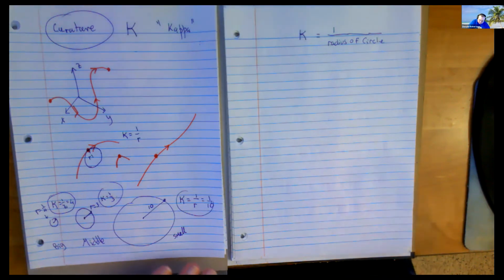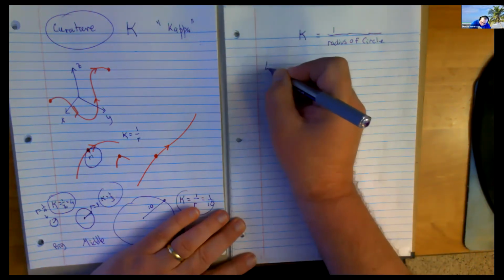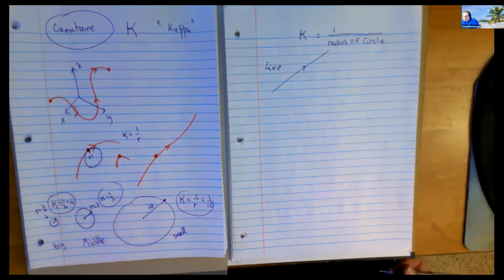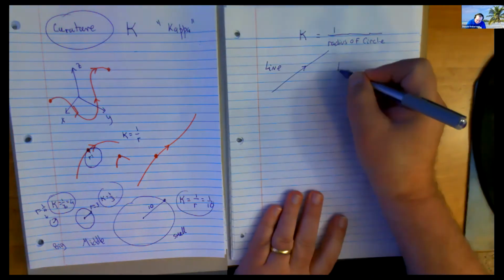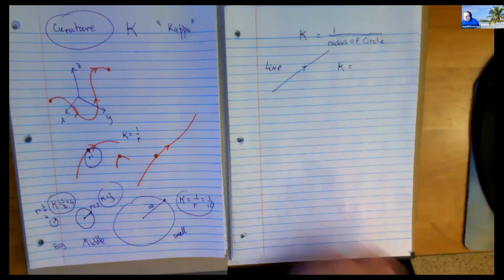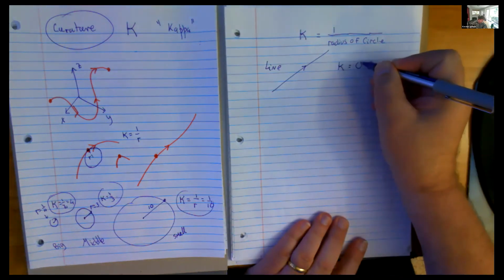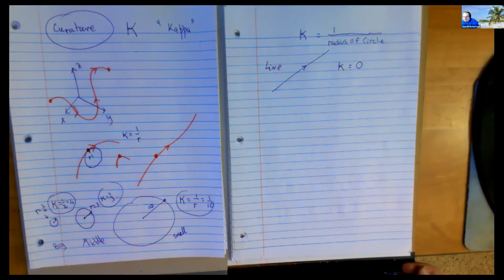So let's look at special cases. Suppose you had a straight line. What would the curvature of every single point be? 0. Would you agree that you can't get anything less curved than a straight line? That's pretty much the ultimate of not being curved.